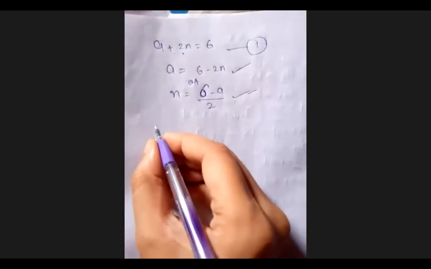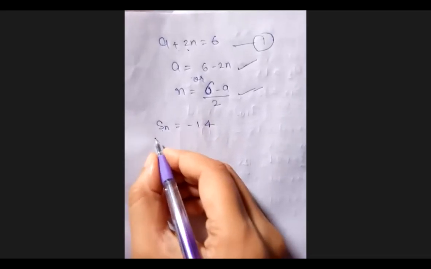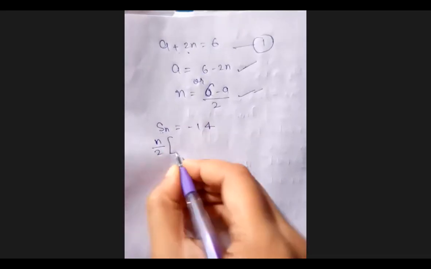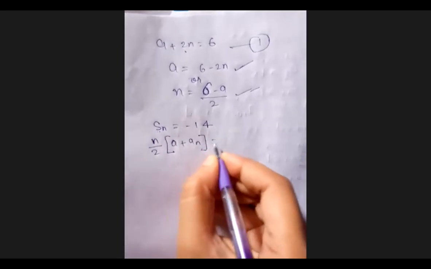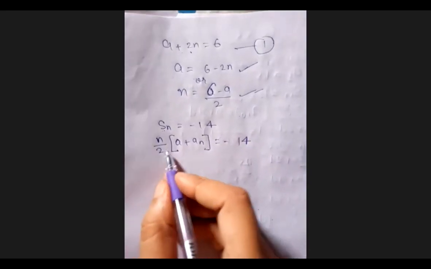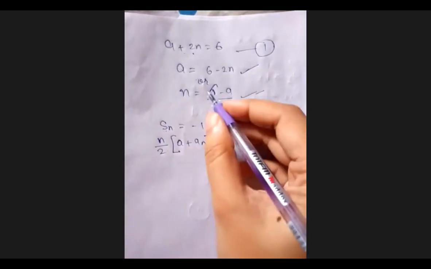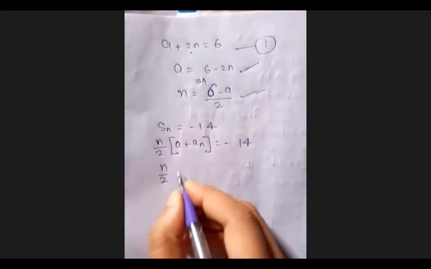What is your SN? In this question, SN is minus 14. So SN is minus 14. I am telling you n upon 2 of A plus AN equals to minus 14. Okay. N in terms of this, you can put the value of n or the value of A. So I did not put the value of n.